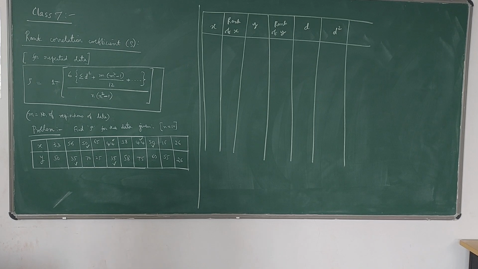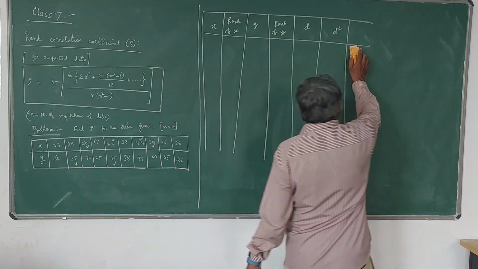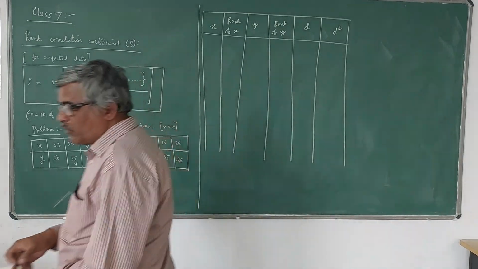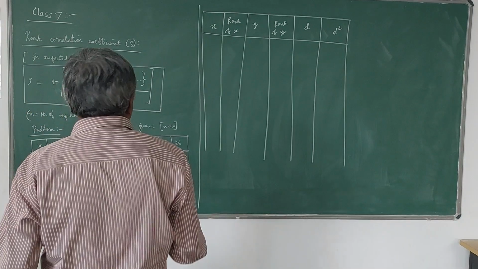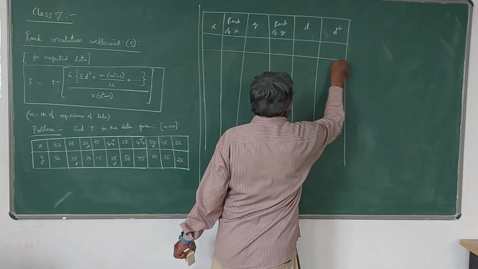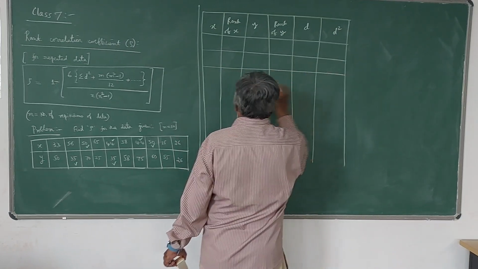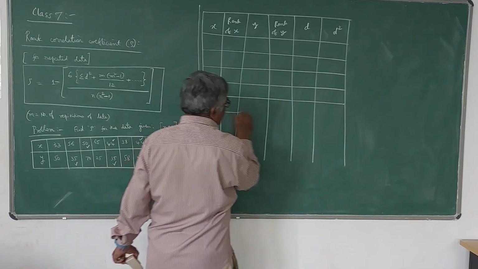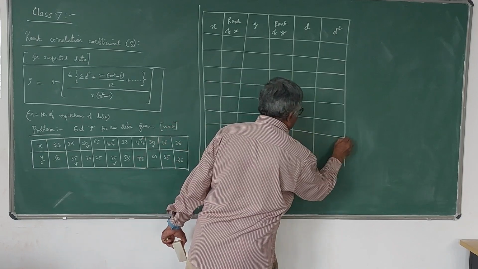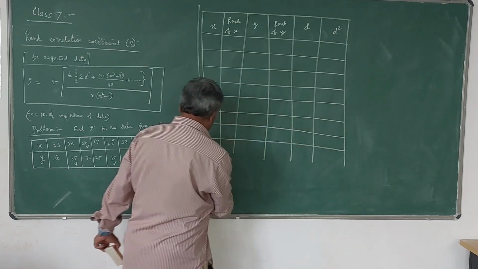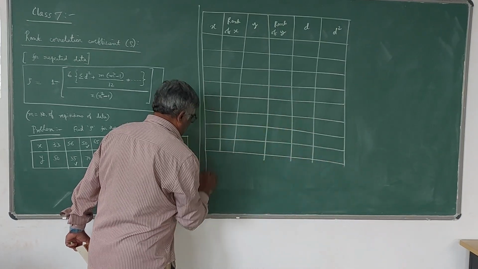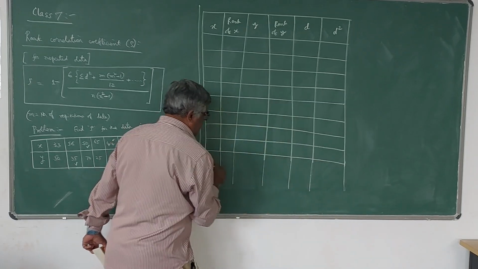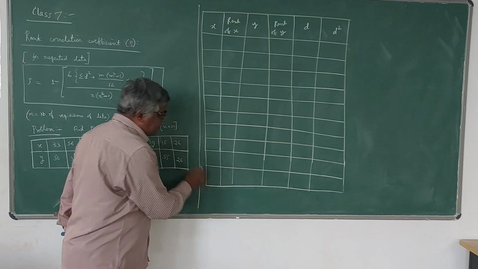Let us give the ranks for the values now. When you are assigning ranks, you should be a little careful. Let me copy the values first. 10 sets of data are given, therefore I need 10 rows, numbered 1 to 10.